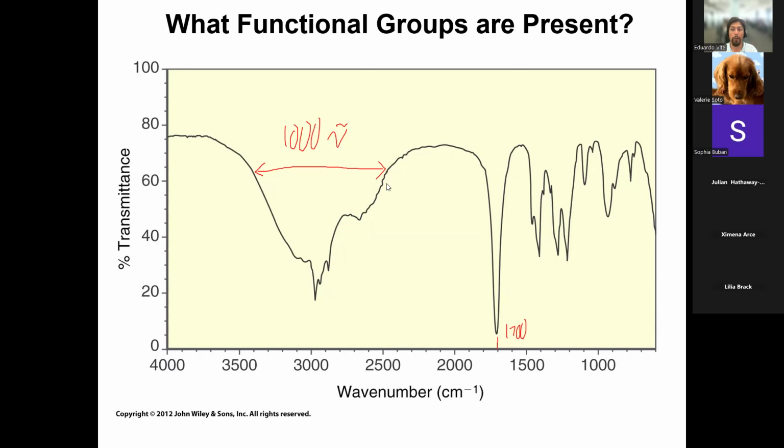That is correct, but what kind of OH, right? OH the hydroxide, but we also have a peak at 1,700, so this is a very specific functional group. When you combine that peak at 1,700 and the OH, you get what?